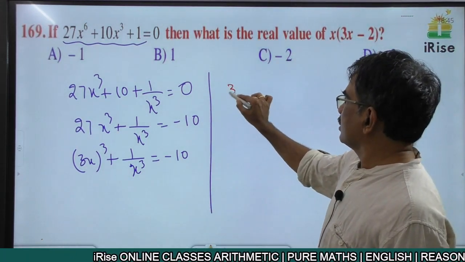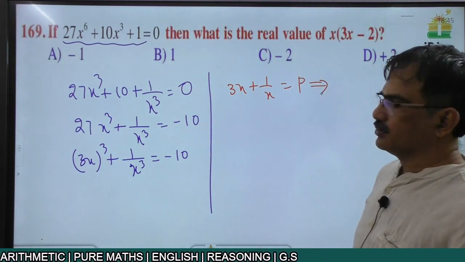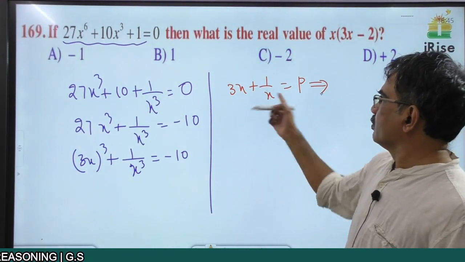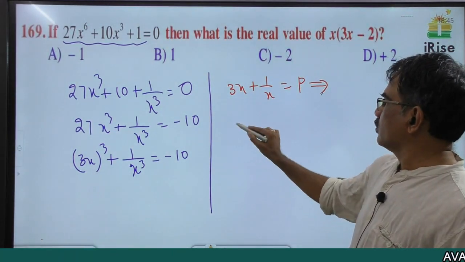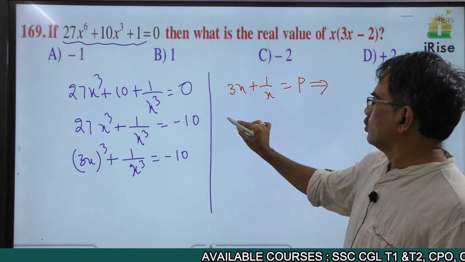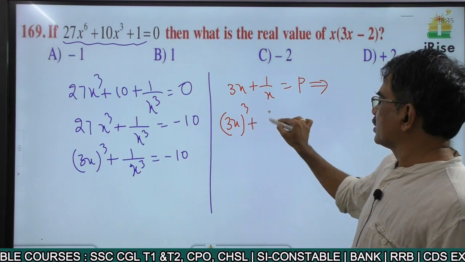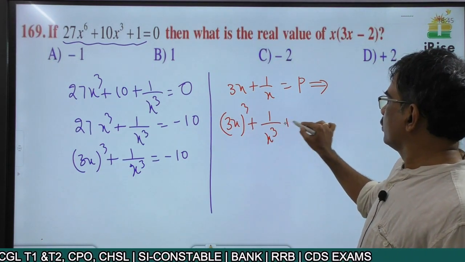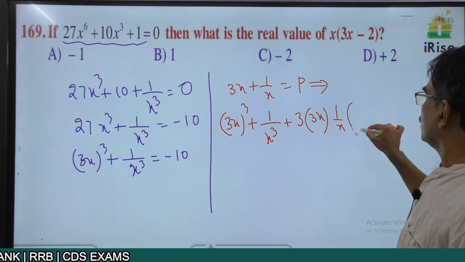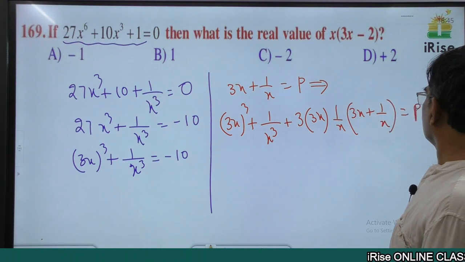Okay. So this is in the form of a cube plus 1 by b cube is equal to minus 10. I want to consider 3x plus 1 by x is equal to p. Taking cube on both sides, what we get? a plus b whole cube is a cube plus b cube plus 3 into a into b into a plus b, which is equal to p cube.